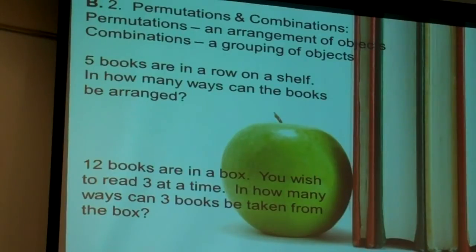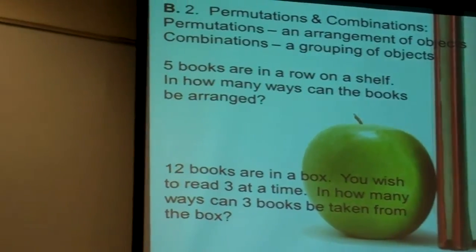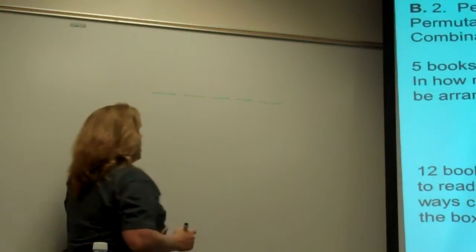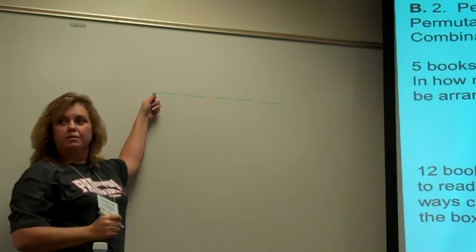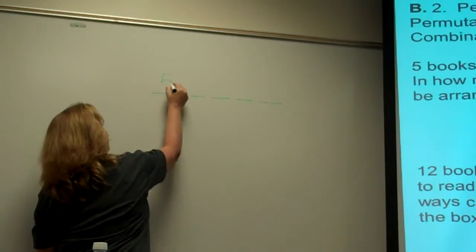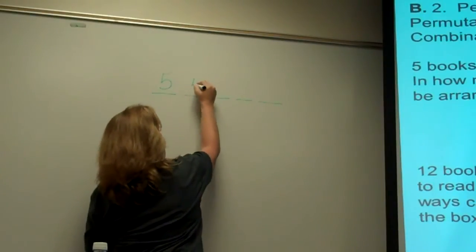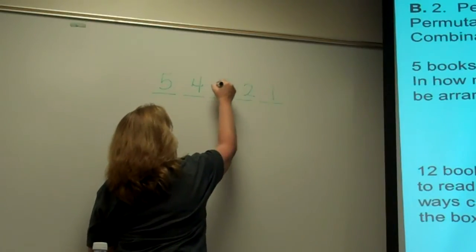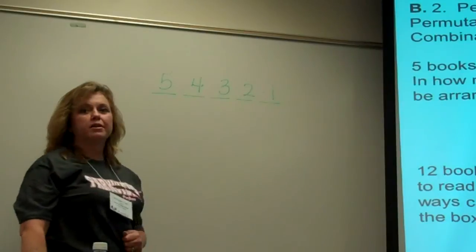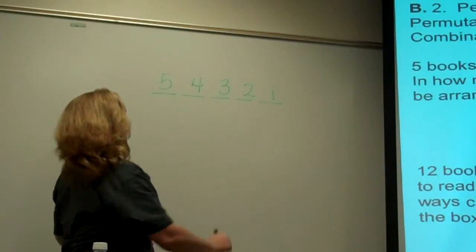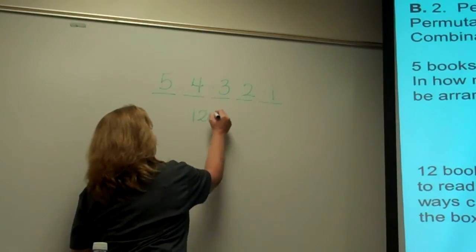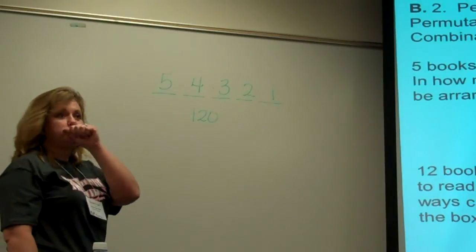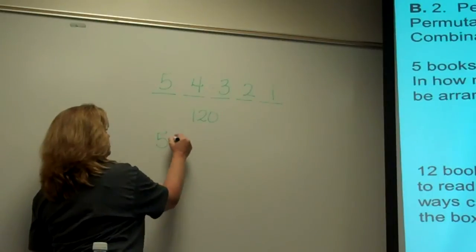How many choices do you have for that first book? 5. After you place one book, then you have 4, then 3, and then according to the multiplication counting principle, we multiply them all together and we get 120. Another way we can do that is called 5 factorial.